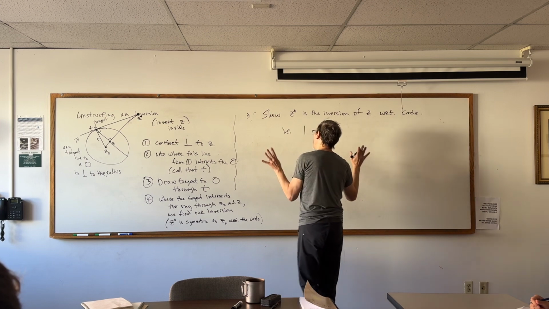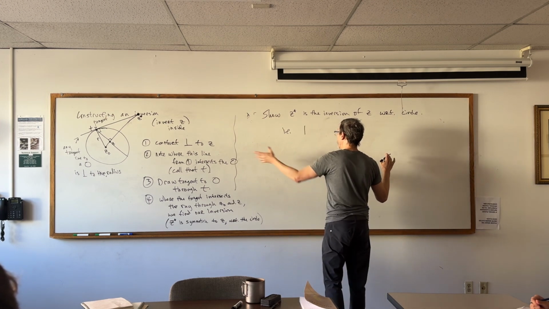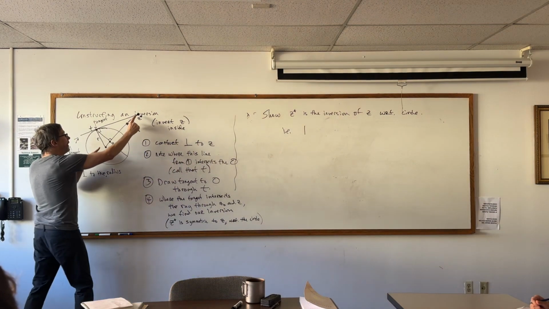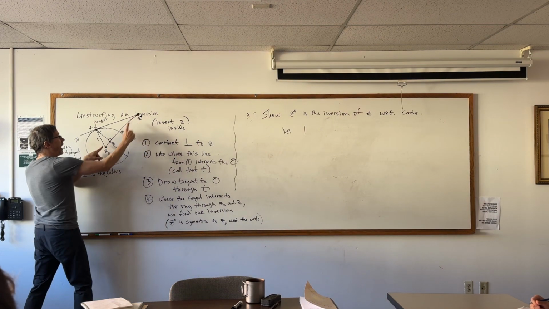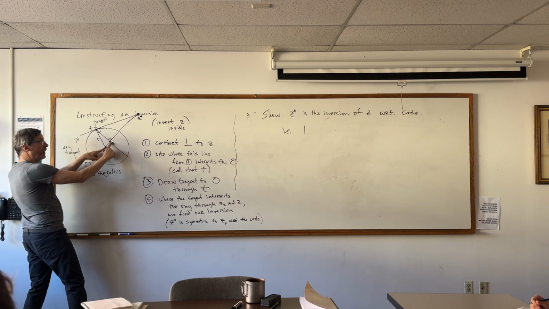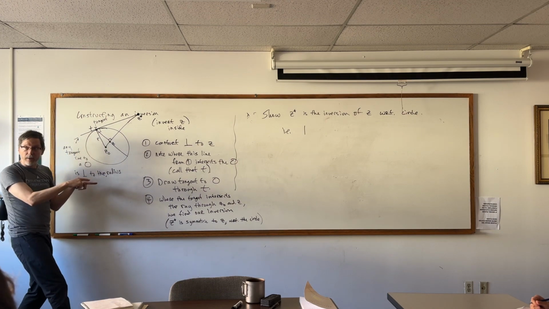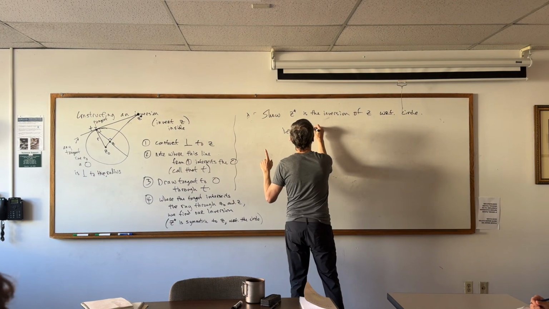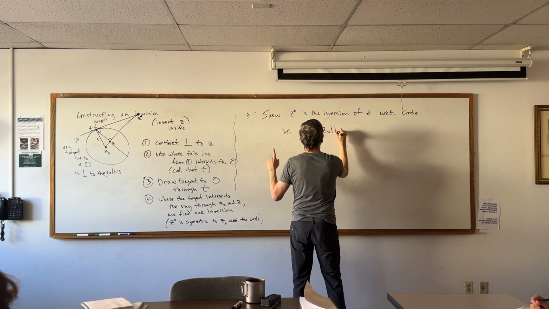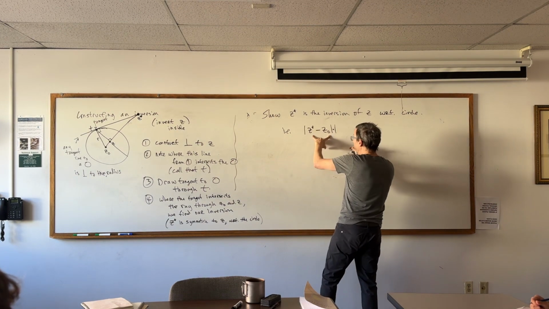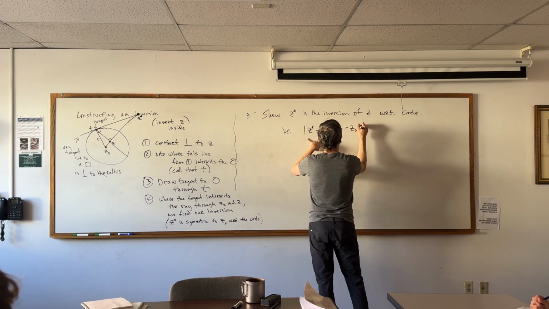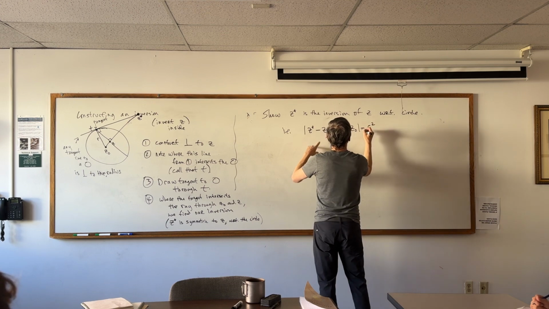So the most fundamental definition of symmetry with respect to a circle that we have is that this distance times this distance is the radius squared. So that's what we need to show: the distance between Z star and the center times the distance between Z and the center is R squared.